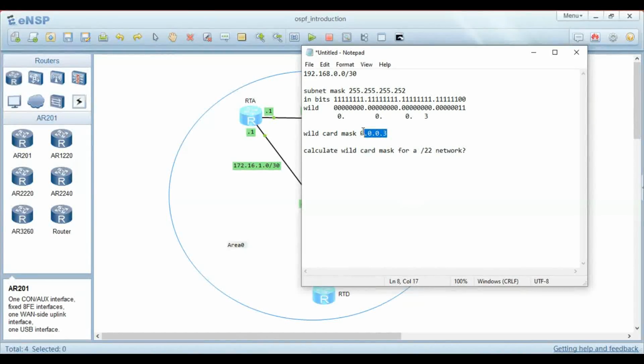I hope you have understood how we calculate the wildcard mask: we write the long format of the subnet mask in bits, then where there is 1, we put 0, and where there is 0, we put 1. Then we convert the outcome to decimal. That's how you get the wildcard mask. So the wildcard mask for our network is 0.0.0.3.